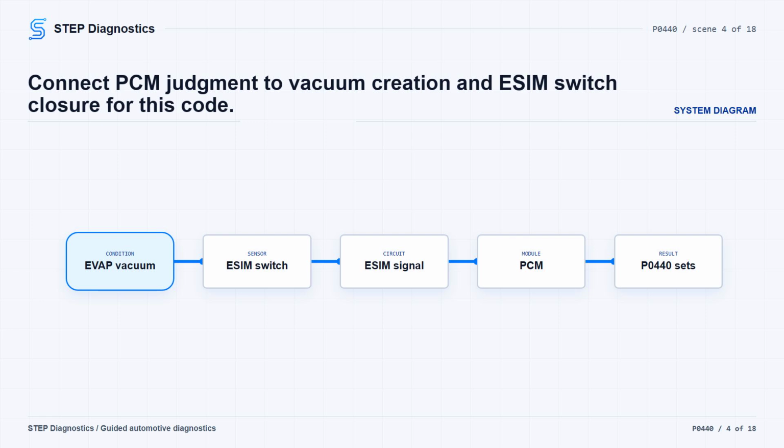For P0440, if the switch does not close at all during purging, because the switch is stuck open or vacuum cannot be created below -250 Pa within the calibrated time, that is treated as a general evaporative system failure.